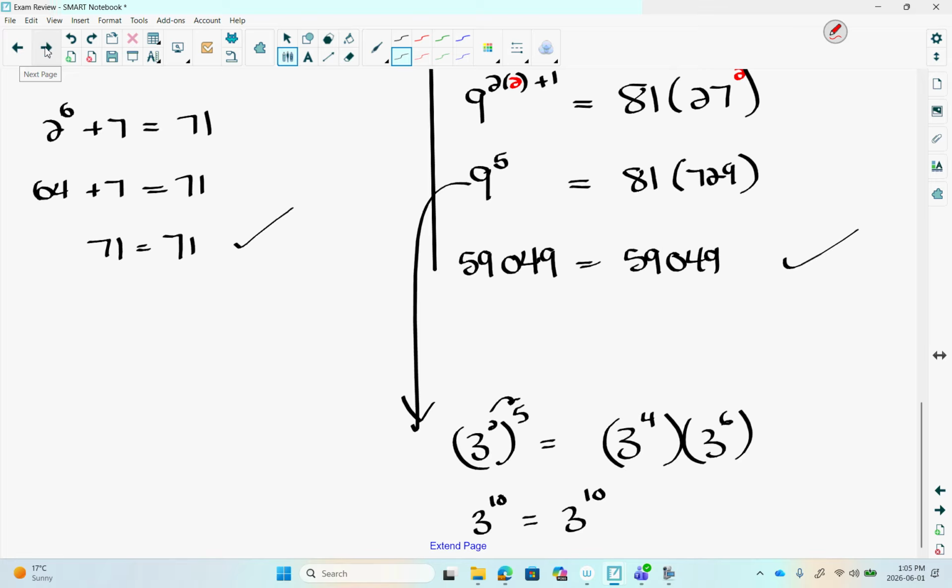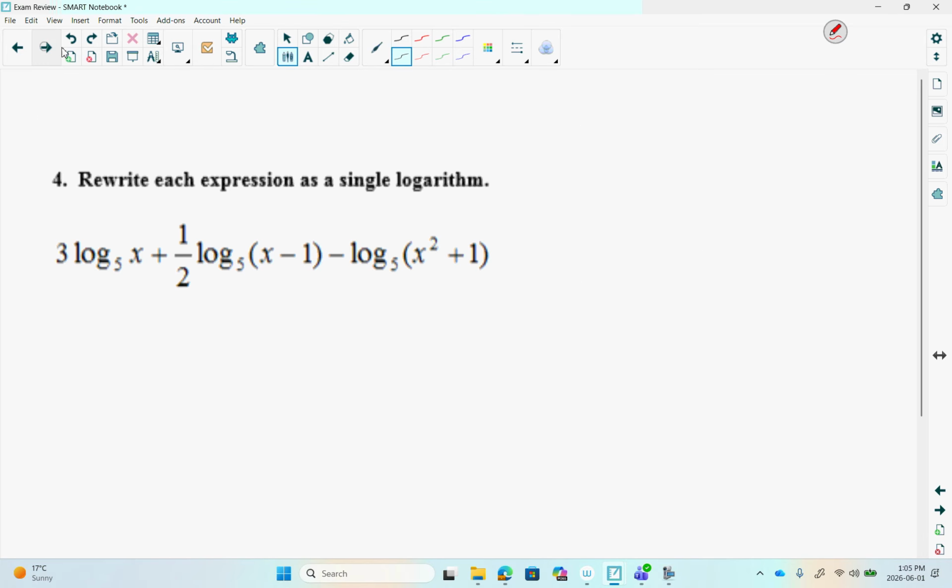All right, flip over. We're going to look at some information from chapter 8. It says rewrite each expression as a single logarithm. So I want to write this all as one logarithm. So it should say log base 5, and then there will be some argument, we'll call it, in brackets.